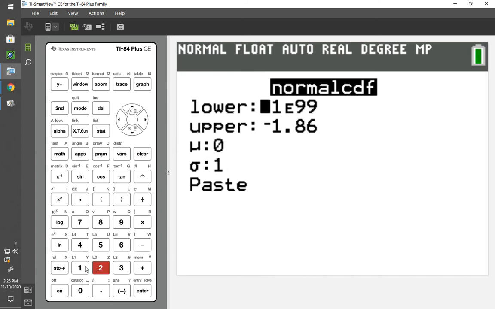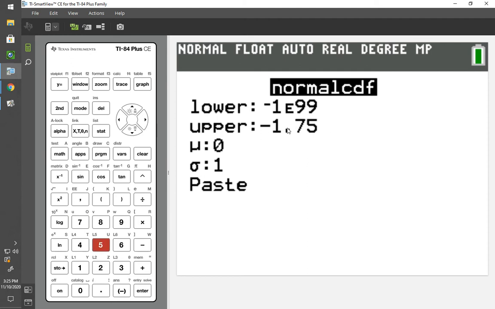Now, in this particular one, I'm looking at the left side only right now, and I'll show you a picture in a second. Because I need this to be left side only, I do negative 1 E99. My upper number is going to be the negative version of 1.75.